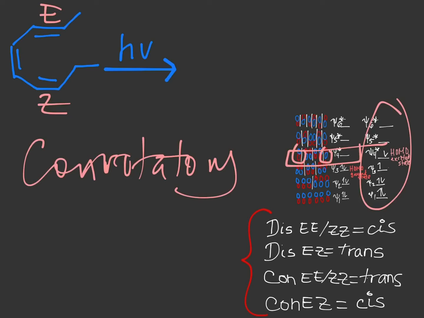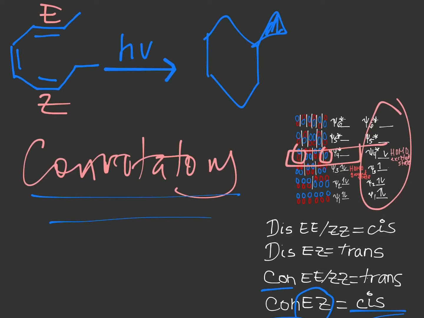If we look at our table, you can see that we have conrotatory movement and then EZ or ZE, and it should give us a cis configuration.